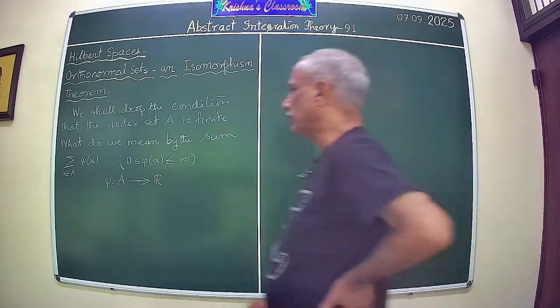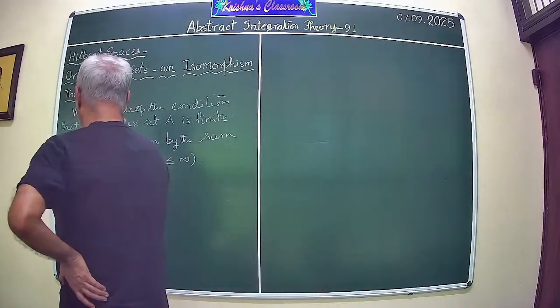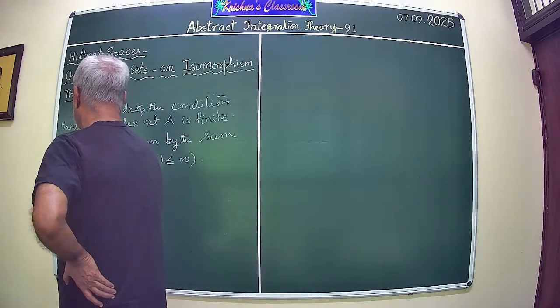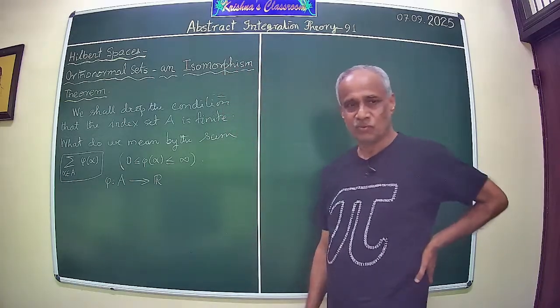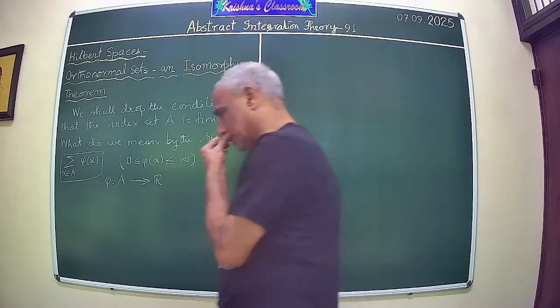And what do we mean by this sum? We have to attribute a meaning to this. If A is finite, then it is obvious what it means. That is what we have looked at already.